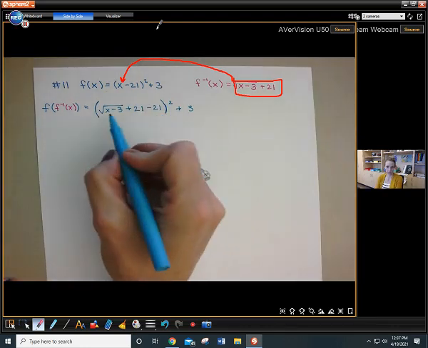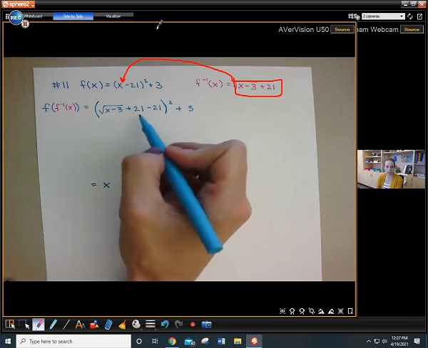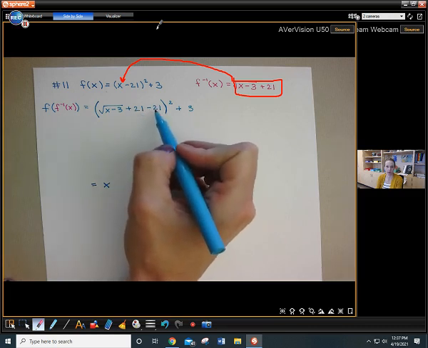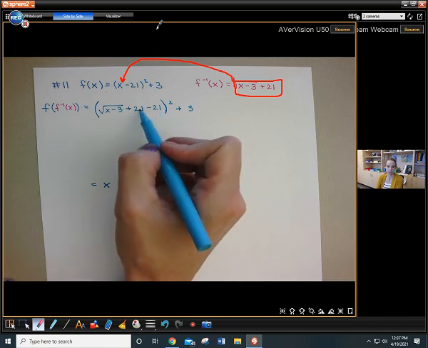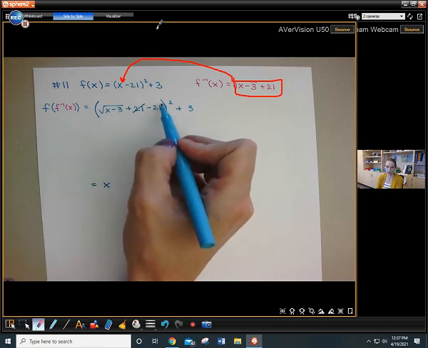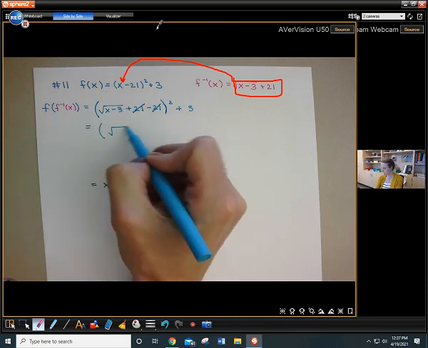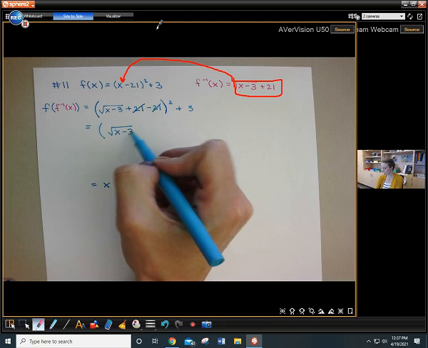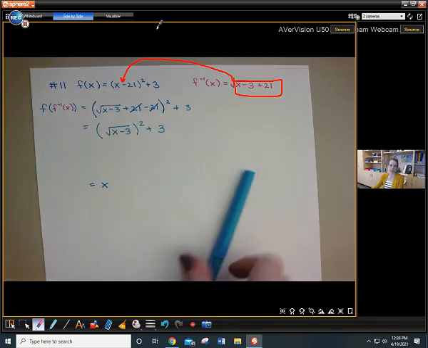If I look at this parenthesis, what could I simplify? Well, a negative 21 and a positive 21 cancel out because they're opposites. So I'm going to get the square root of x minus 3 squared plus 3.